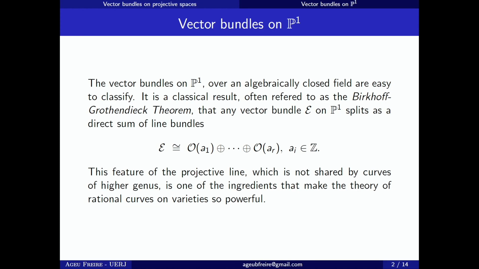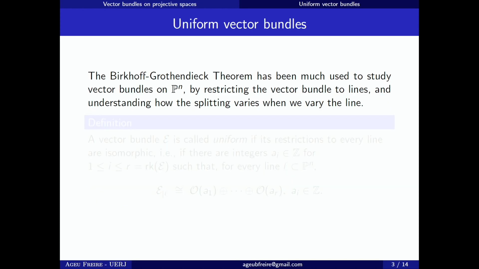For curves of higher genus, it does not hold. And this is important to study vector bundles for more general varieties, like the projective space Pn. How do we do it? We can restrict vector bundles on Pn to each line, and understand how the restrictions vary when we vary the line.